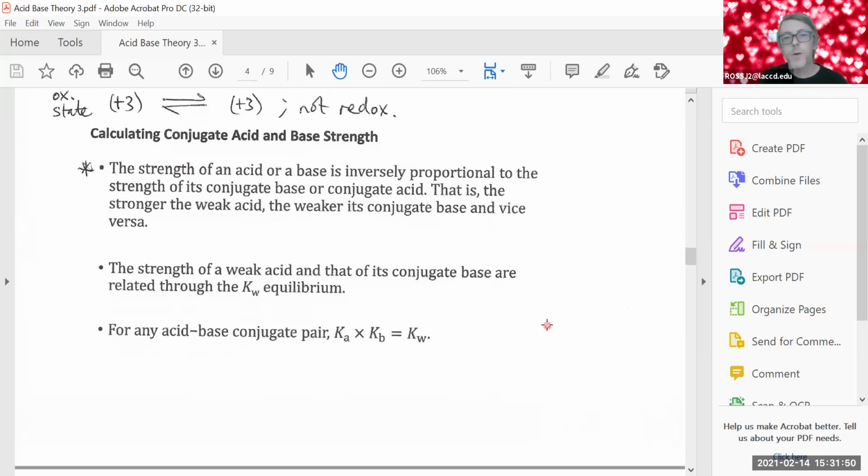This makes sense from an equilibrium point of view, so let's just comment on it briefly. So it makes sense, right?